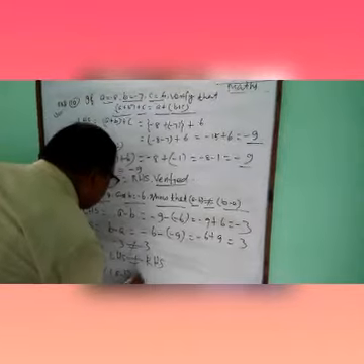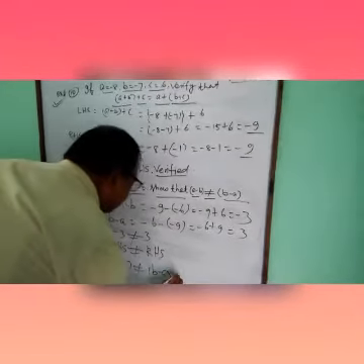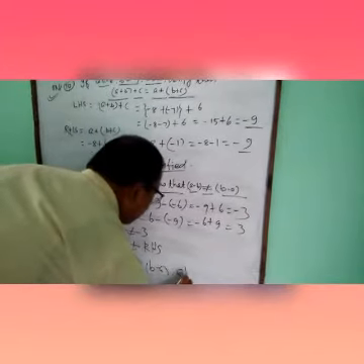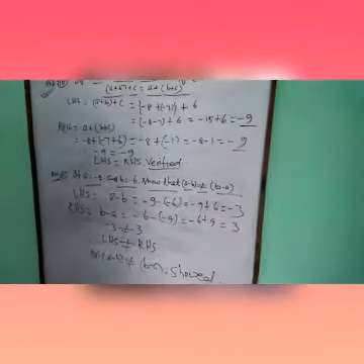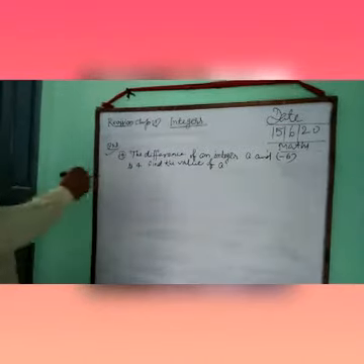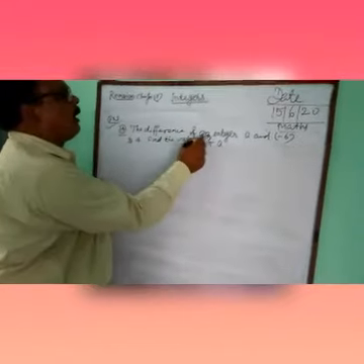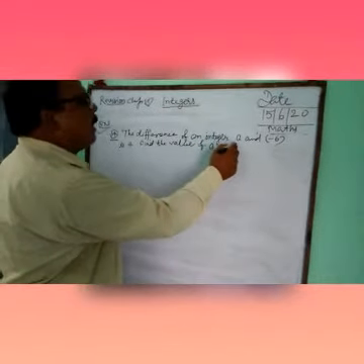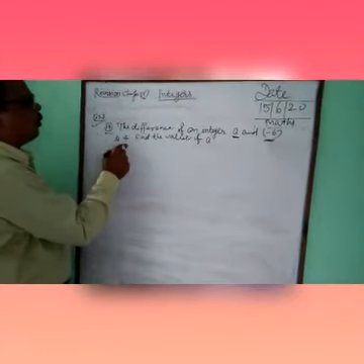A minus B does not equal B minus A. So, question number 14. The difference of an integer A and -6 is 4.